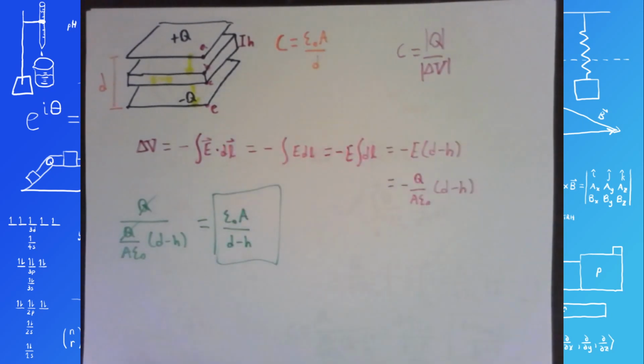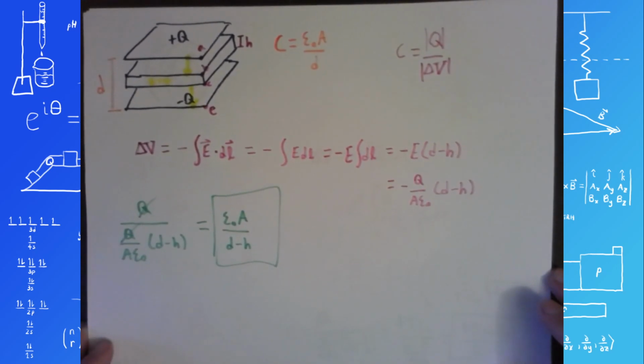So slipping a conducting slab of metal in the space between a pair of charged parallel plates will reduce their capacitance.